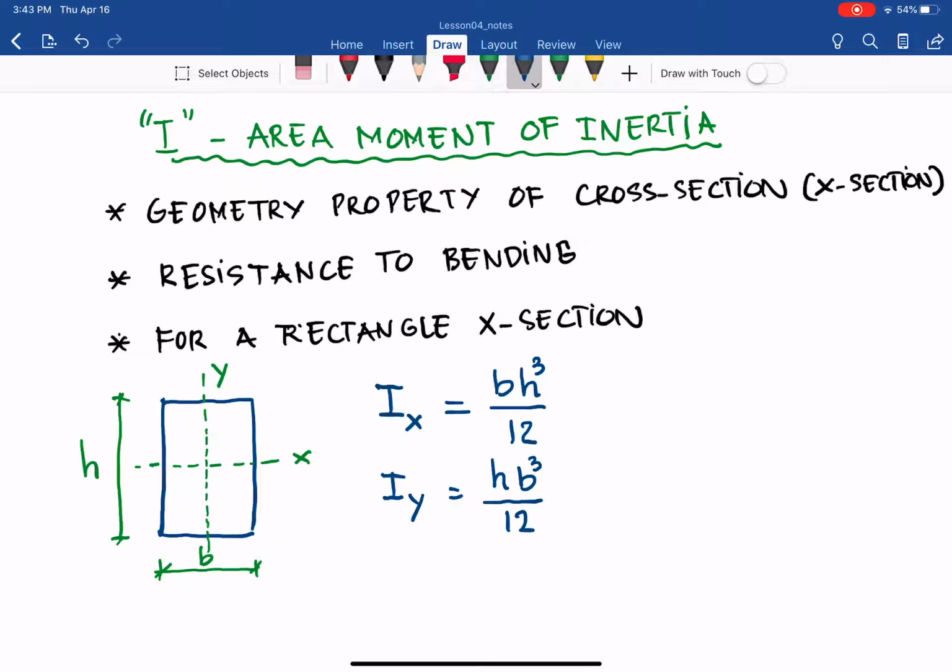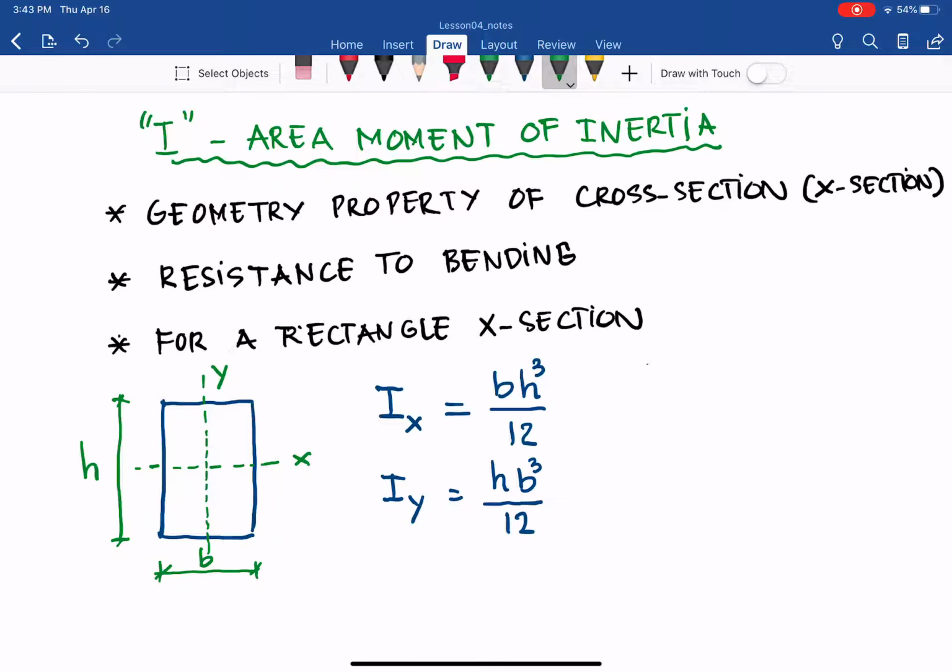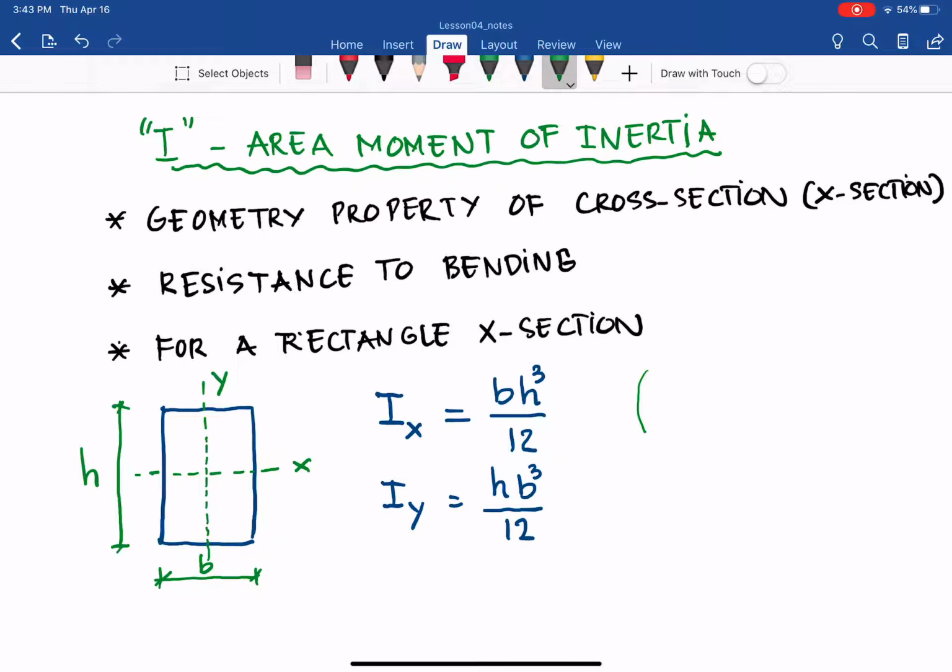So to avoid confusion between b h cubed and h b cubed, you can say it will be parallel times perpendicular cubed over 12. Make sense?